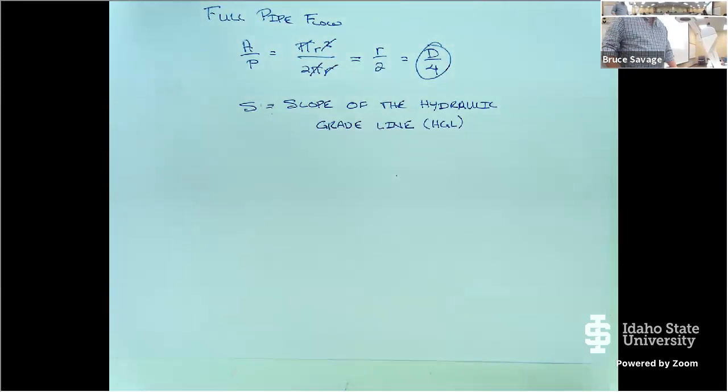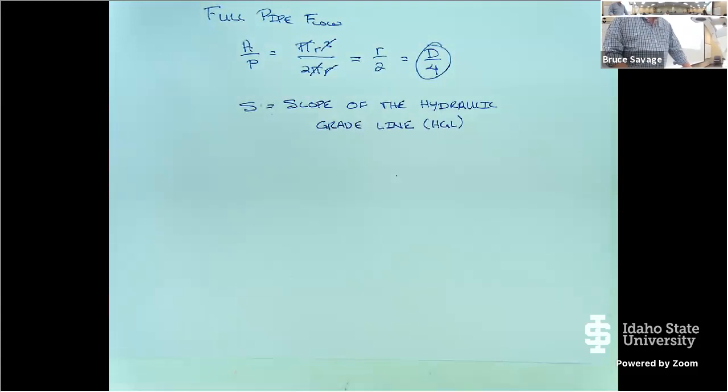Now you've seen that, right, in fluids? You may not quite remember what it is, and we'll come back to that point as well, but the hydraulic grade line is how fast the piezometric head, the pressure and elevation, is changing in our system. So S represents that slope, okay?